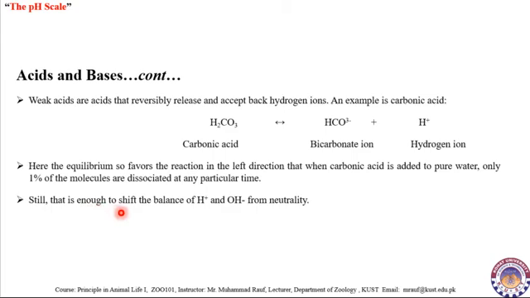Still, there is enough to shift the balance of hydrogen and hydroxyl ions from neutrality. Although the dissociation is extremely small, it still brings some change in the concentration of hydrogen ions in comparison to hydroxyl ions, and the solution becomes acidic.